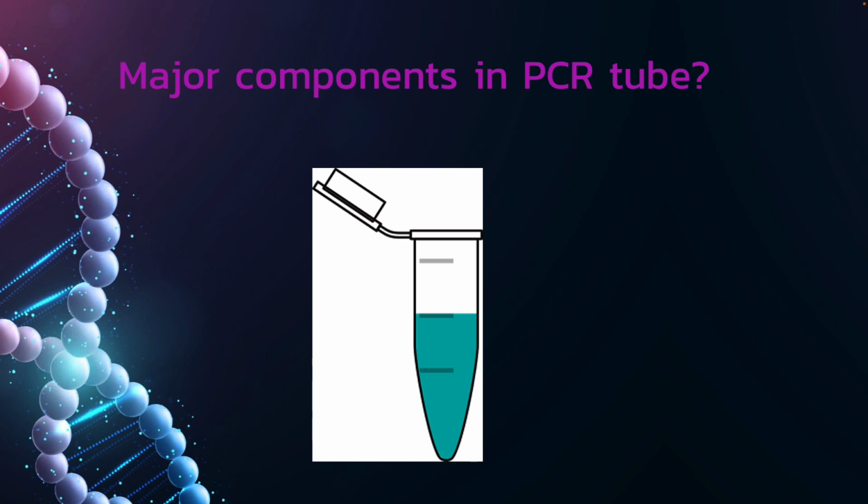You need DNA polymerase, and it needs to be a thermostable DNA polymerase that works at very high temperatures. You need nucleotides, the dNTPs, for DNA polymerase to use for extension. And you may add things like magnesium chloride, water, etc. But you've got to have a template, you've got to have primers, you've got to have an enzyme, and you've got to have nucleotides. Those are the major things that you need.